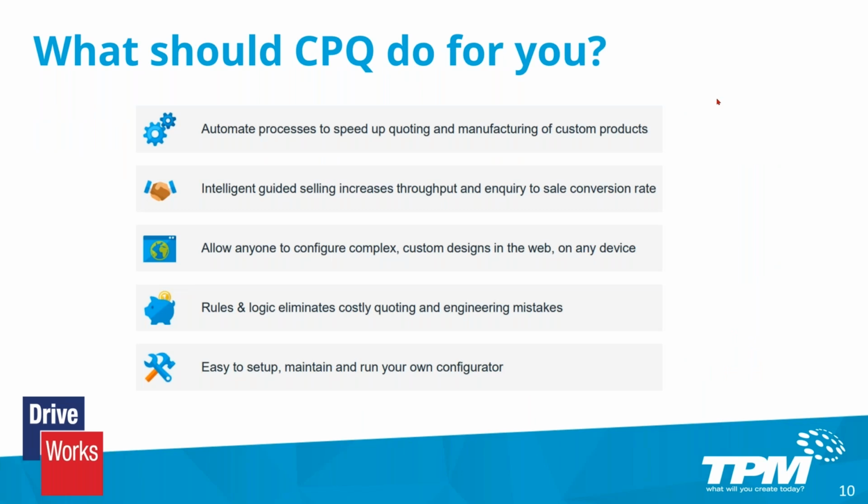So we take a step back and we look at, in principle, what a CPQ system can do for a manufacturer of configurable products. We're talking about automating any form of process, thereby speeding up all things quoting. And this is really important for manufacturers because if you're like most we talk to, you win some small proportion of the jobs you quote. Might be 5%, 15%.